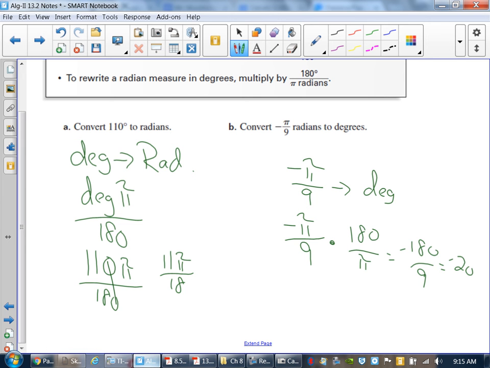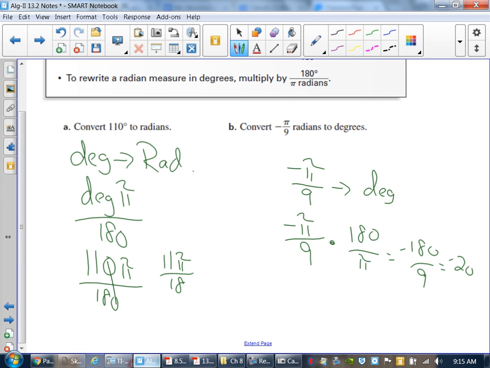We did drawing angles in standard position. We haven't done coterminal with radians yet. To do coterminal with radians, instead of adding and subtracting 360, what would you be adding and subtracting?